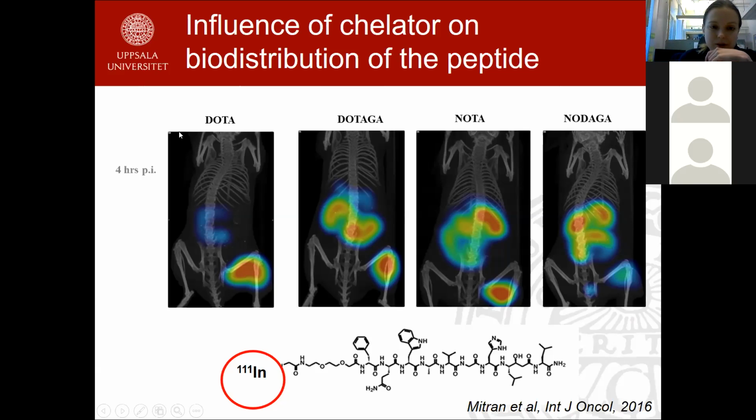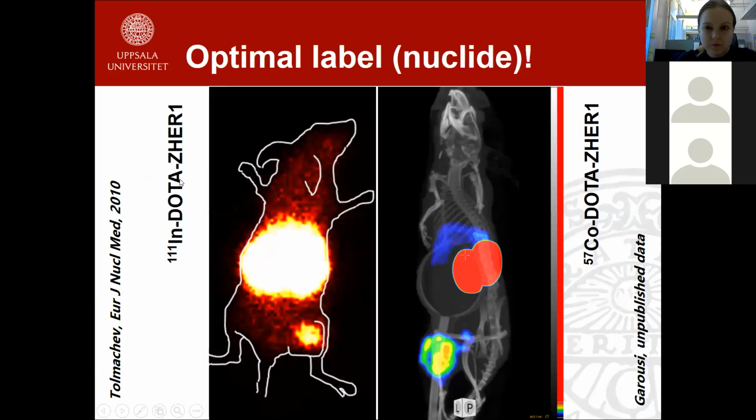But in this case, it's a good candidate because it's very specific to the tumor. We don't see unspecific signal from normal organs. And here is just another comparison of how we can optimize the properties. If originally the imaging was not so good, we can do some optimization and improve the quality of the image.